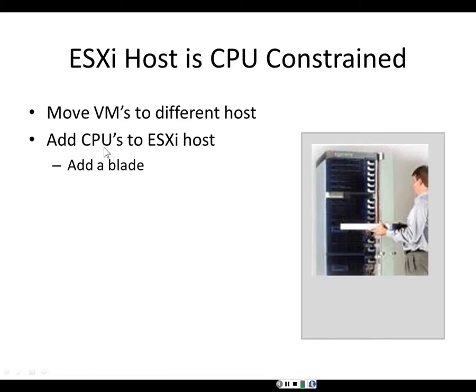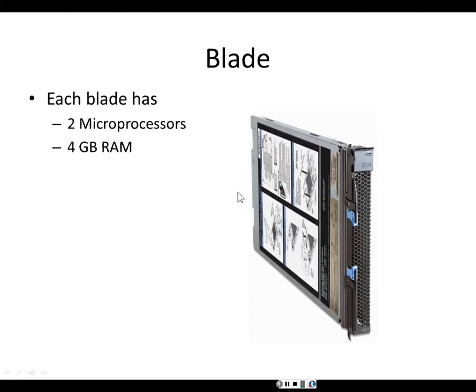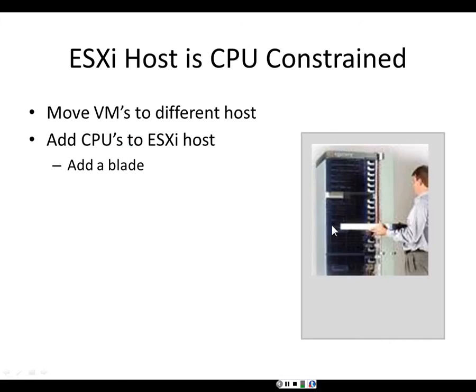Add additional CPUs to the ESXi host, and you know how to do that. All you need to do is add an additional blade. And as you know, a blade is a circuit board with 2 microprocessors and 4 gigs of RAM. So when you add another blade, you are adding 2 CPUs and 4 gigs of RAM.